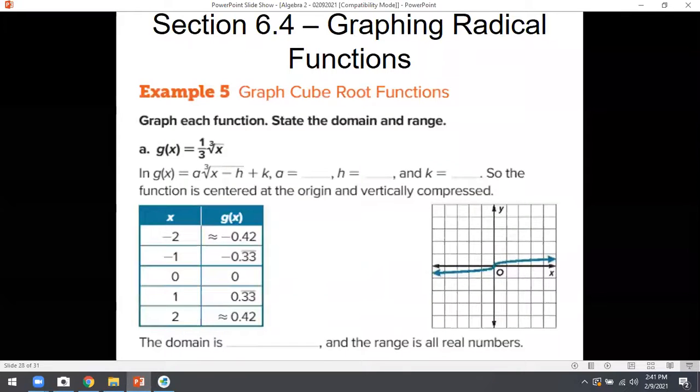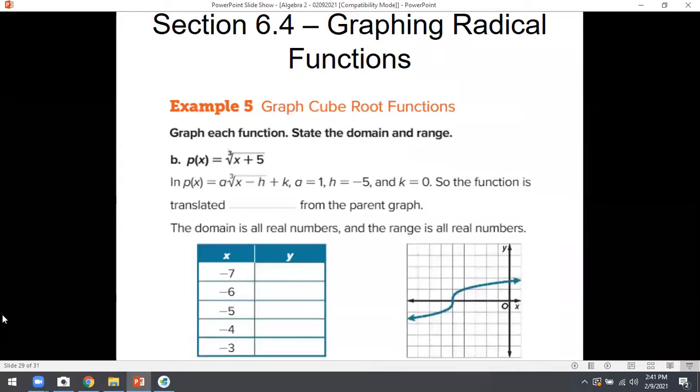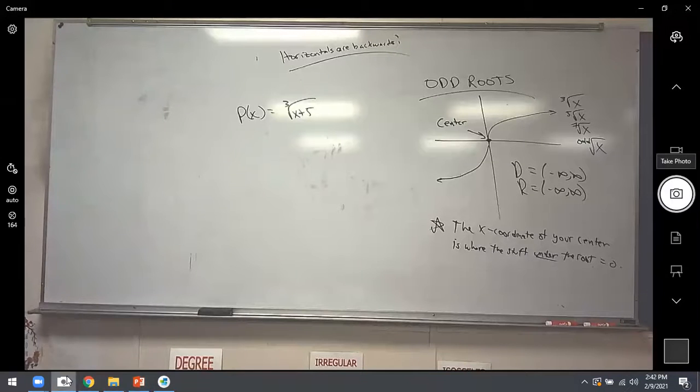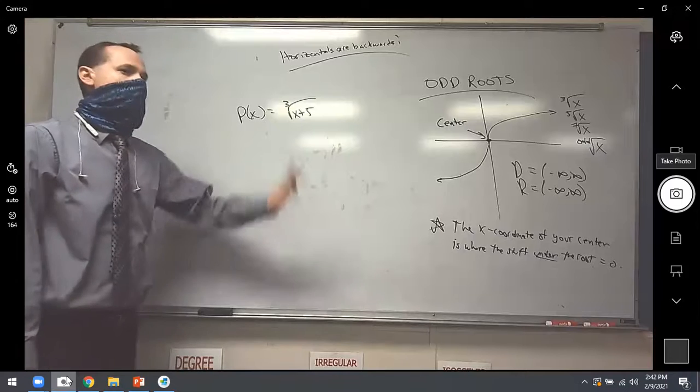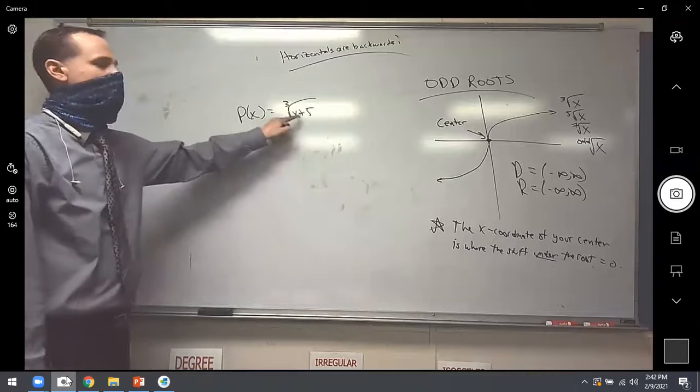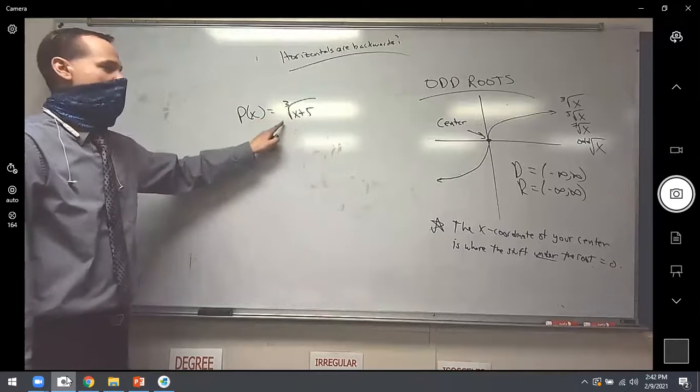So let's look at a particular example. Let's try this one out. P of x is the cubic root of x plus 5. All right, here we go. Shape. Do you see any negatives floating around? I don't see one here.